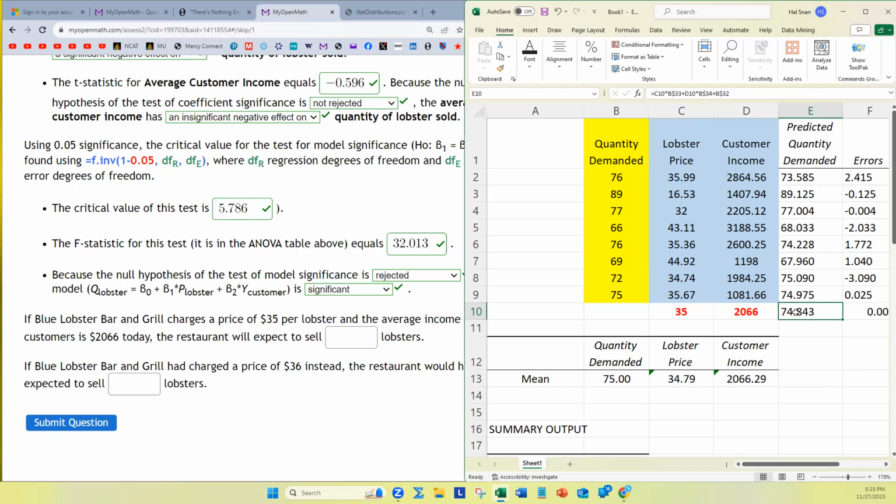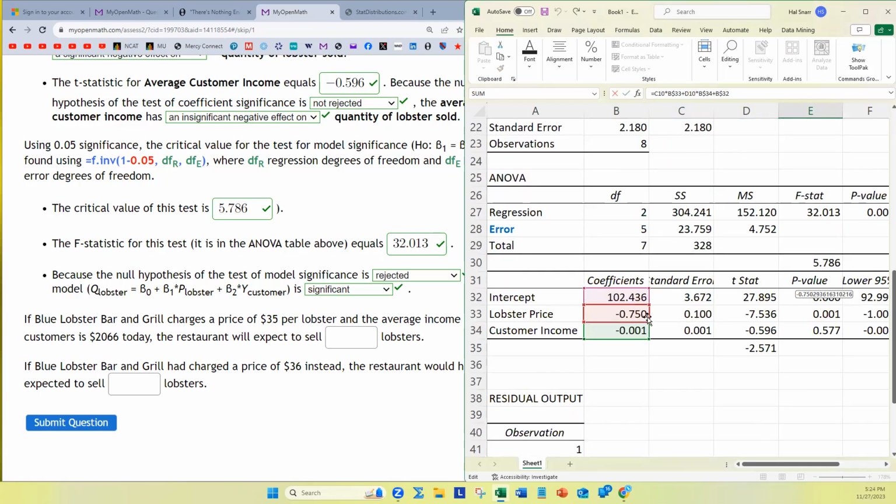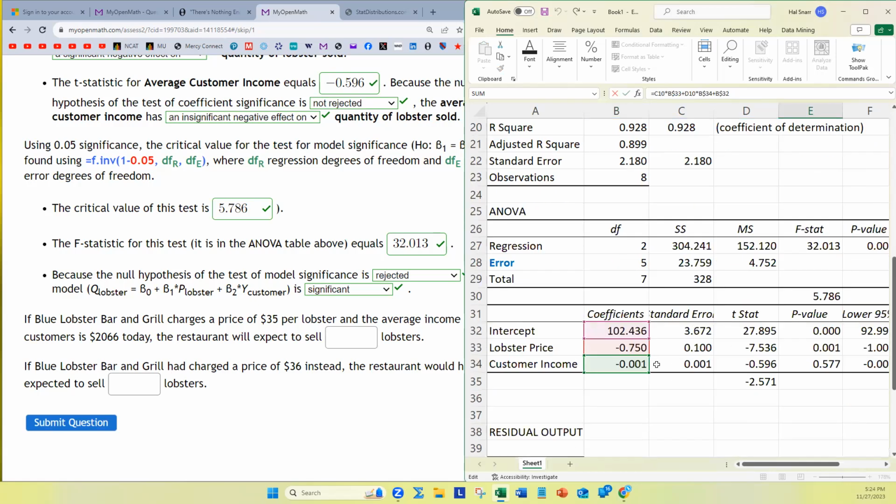Again, how do we get this number right here? This is called deploying the model, right? We took the $35 price and we multiplied it by the slope coefficient for lobster, minus 0.750 in my case. Then we added this customer income, 2,066 in my case, times the customer income coefficient.